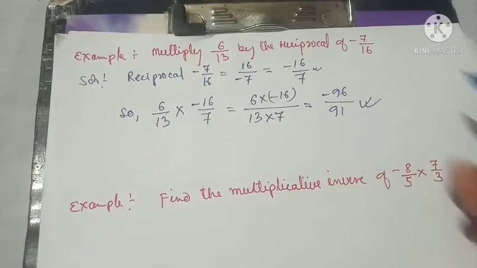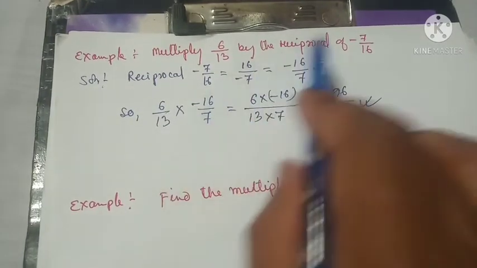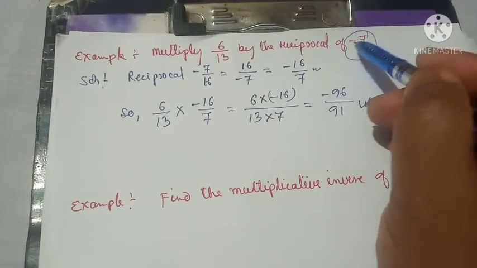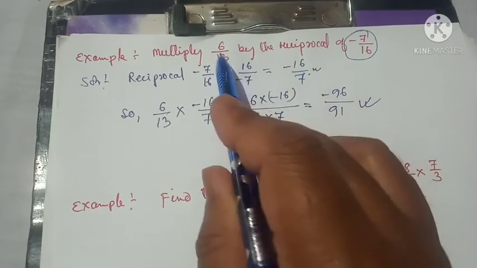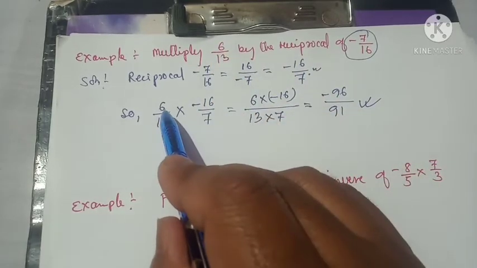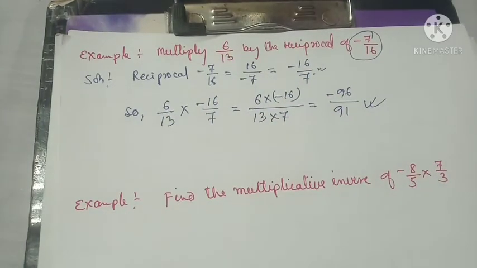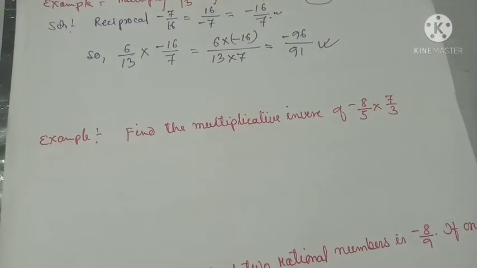This is the answer. So first you take the reciprocal of minus 7 by 16, and then multiply that reciprocal by 6 by 13. Understand?